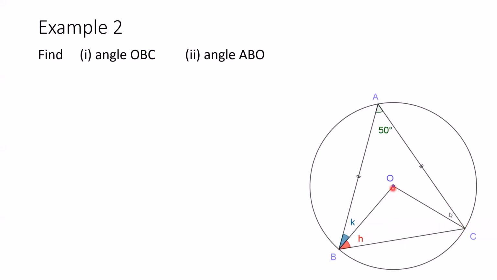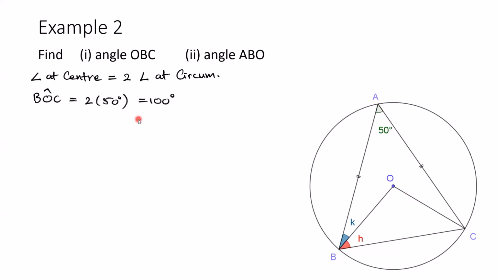Therefore, triangle BOC is also an isosceles triangle with H equal to this angle. So, we know that angle at center is twice angle at circumference. Therefore, angle BOC is equal to 2 times angle BAC. Therefore, BOC is equal to 2 times 50, which is 100.